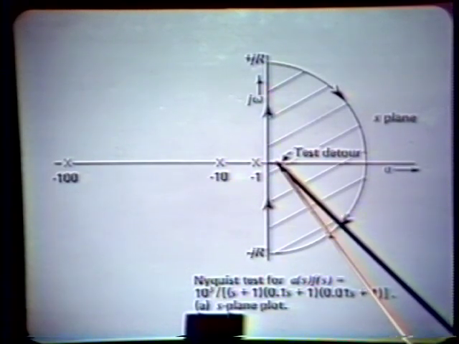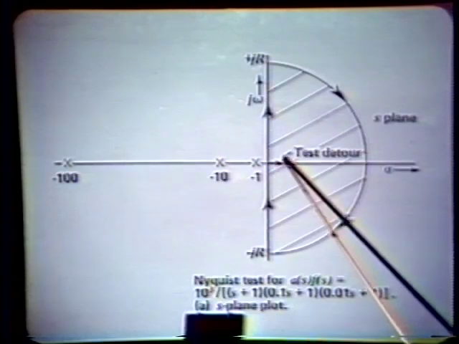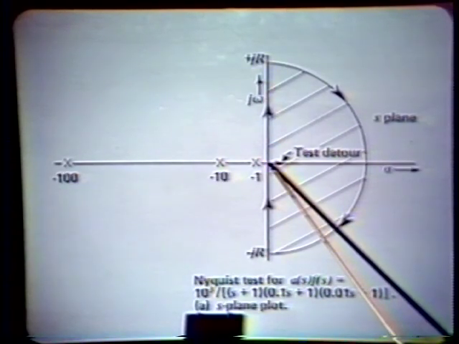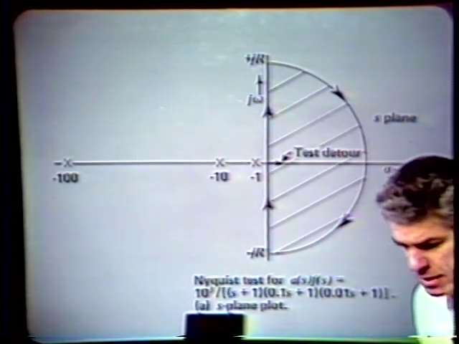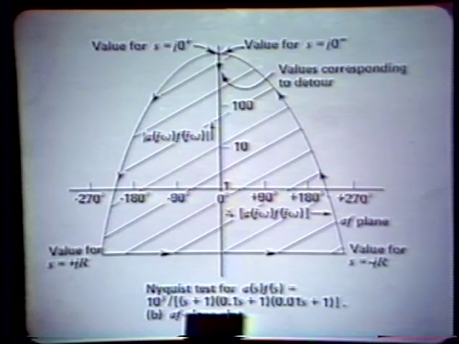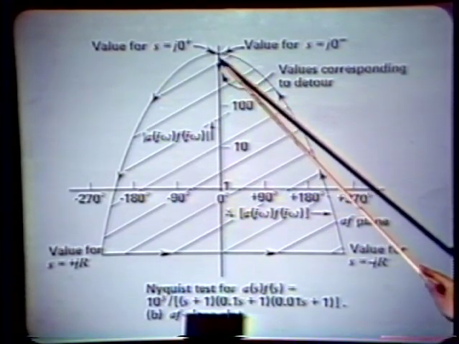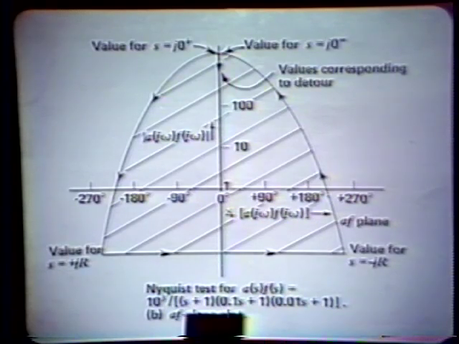So if we evaluated AF at a point in here, its angle must be 0 degrees, but its magnitude must be smaller than the magnitude that corresponds to our evaluation here. And so we conclude that as we move along the test detour shown in the previous figure, we move in this direction. Consequently, the shaded regions in the two figures correspond.